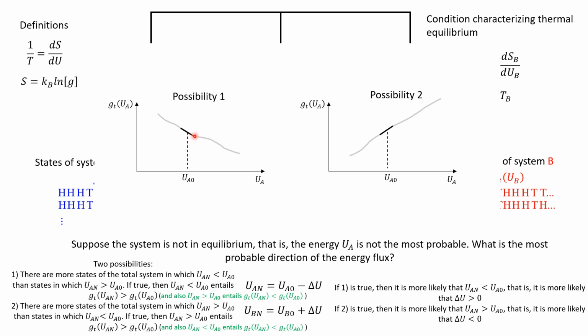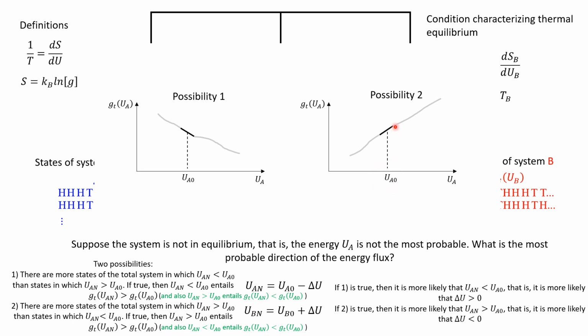At this point here. And if possibility 2 is correct, in other words, if a new energy higher than the initial energy entails a larger multiplicity, that means that the multiplicity is increasing around the initial value.